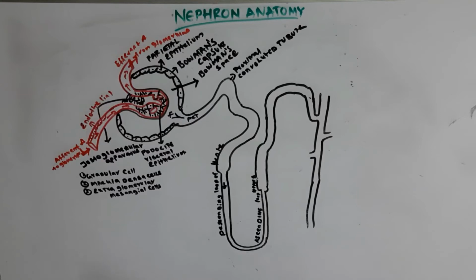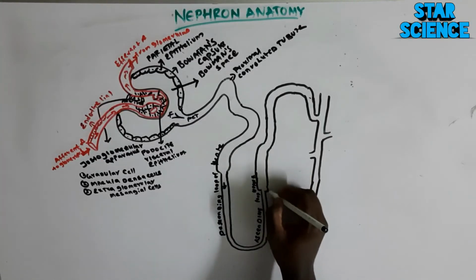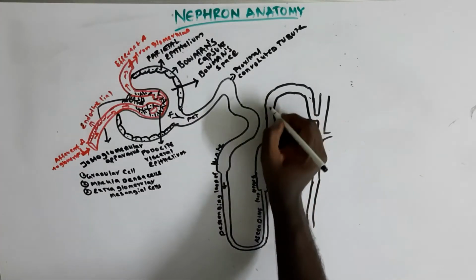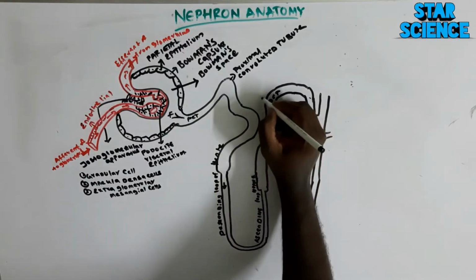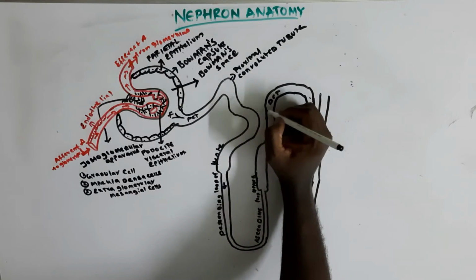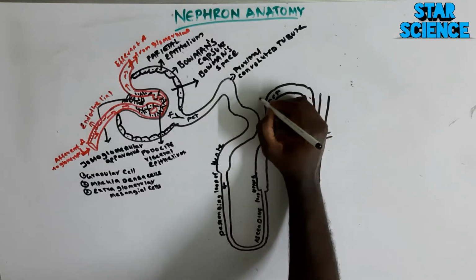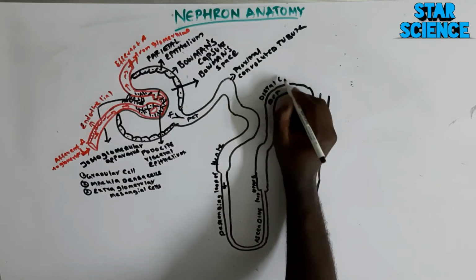From this point you have to remember, it again gets wider. This particular phase is called the DCT, the distal convoluted tubule. It's very important in nephron anatomy because it is the main structure which carries out the functions in the nephron to make urine.